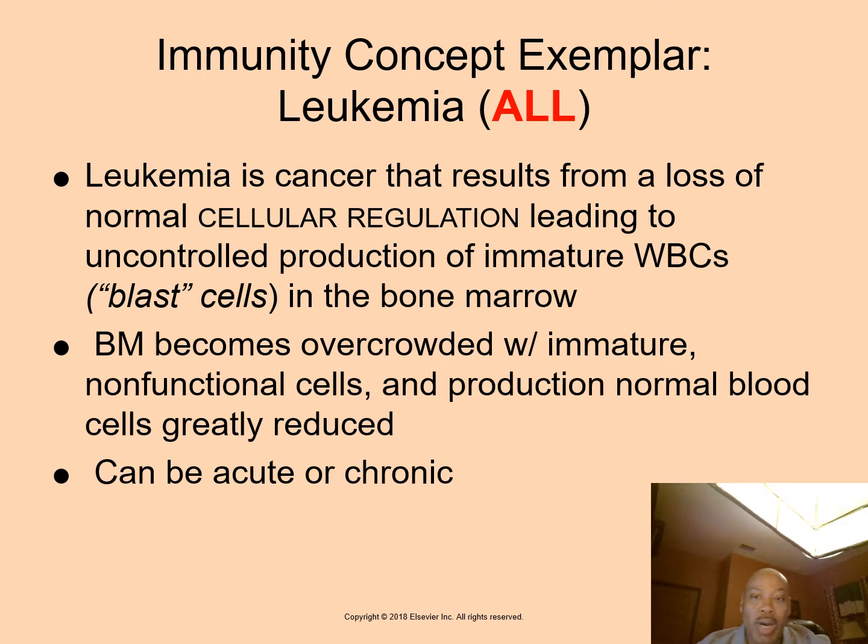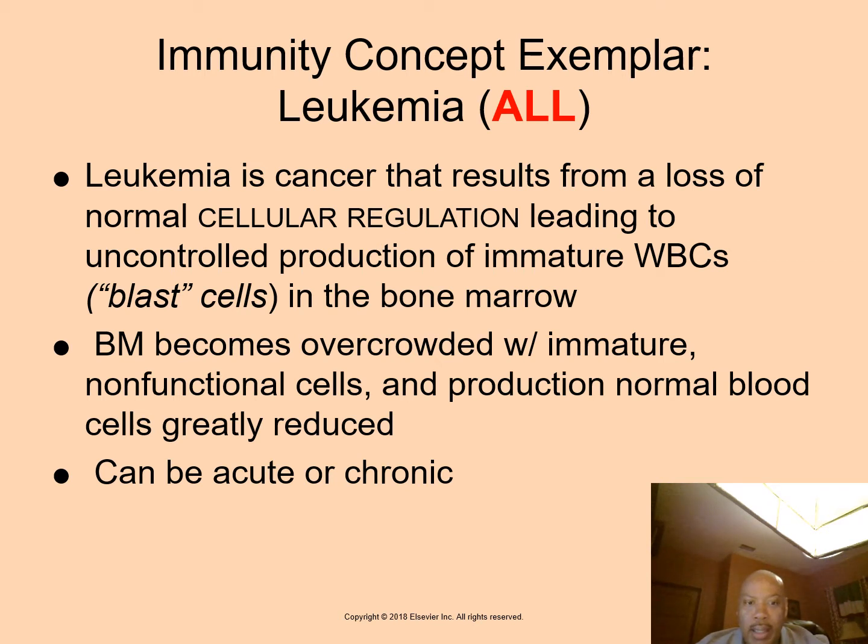And of course, as we know, white blood cells, one of their main functions is to fight infection. And of course, when a white blood cell is immature, it cannot fight infection. And of course, your white blood cells, as well as your red blood cells and platelets, are actually produced in the bone marrow. The bone marrow becomes essentially overcrowded with these immature cells.